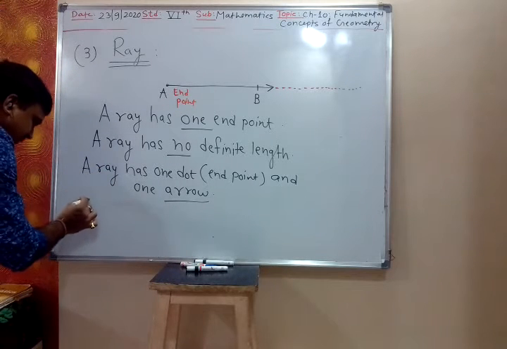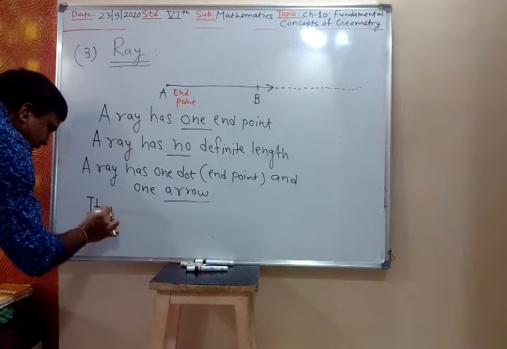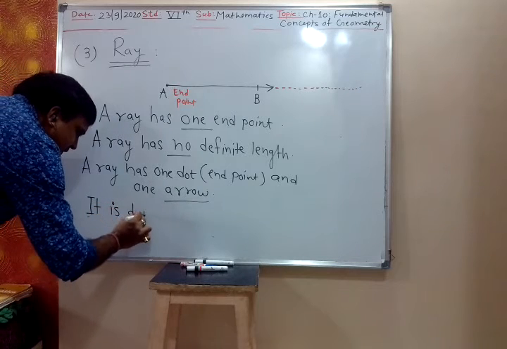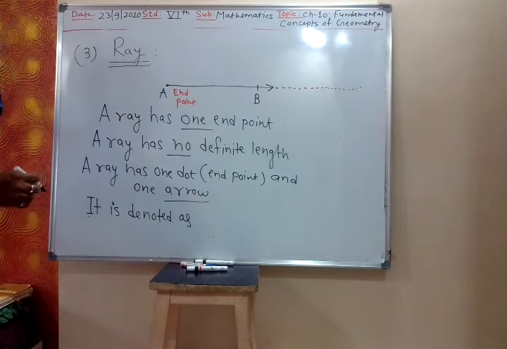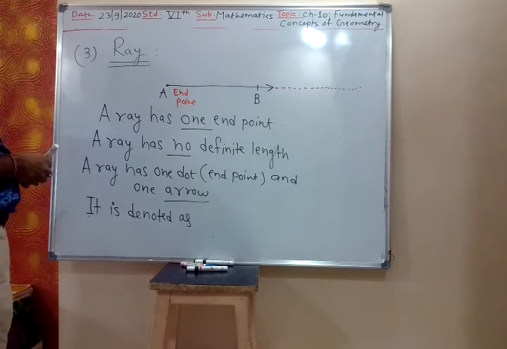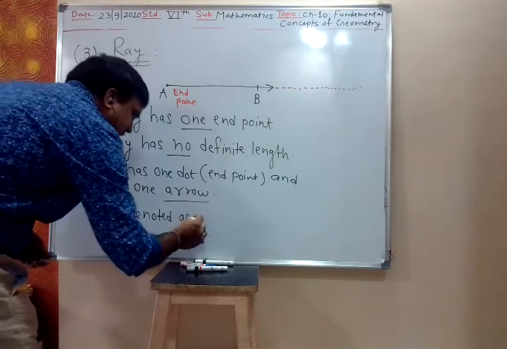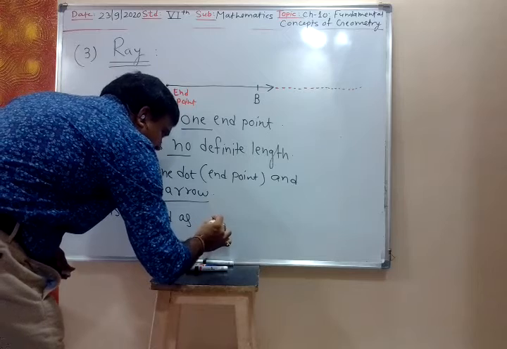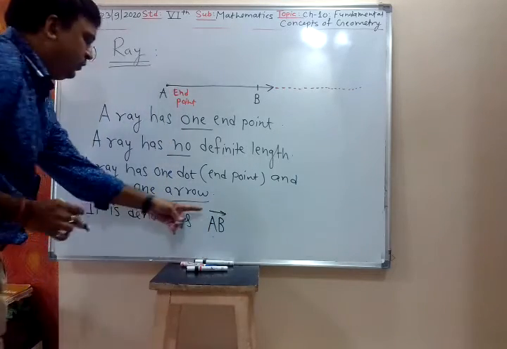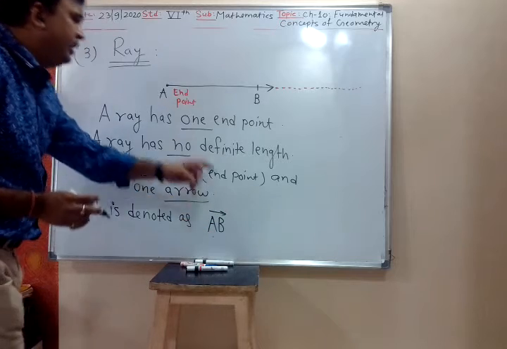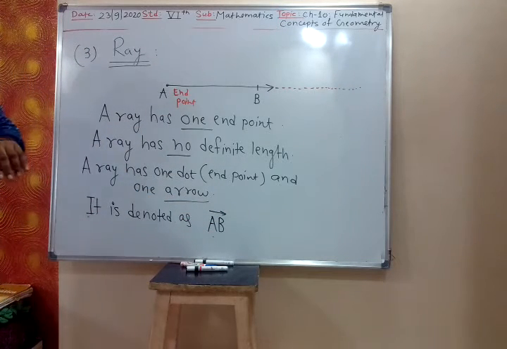So we write this, it is denoted as AB. We write AB, then one dot and one arrow means ray AB.